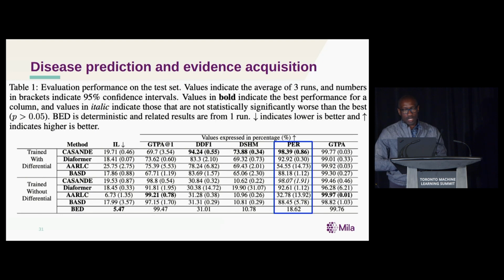And regarding the uncovering of the symptoms that the patient is experiencing, the proposed solution is also better by a margin of 6 points. All those advantages come at a minor cost, because we observe an increase of the interaction length by, let's say, 1 point compared to the second best one.